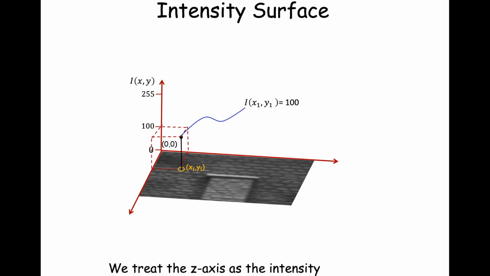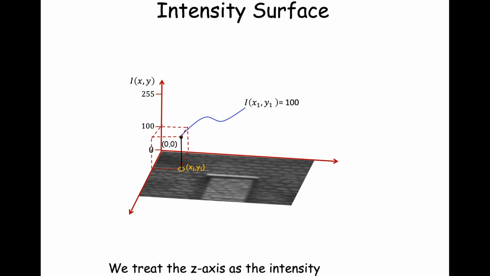And so if we project this intensity of 100 back to the intensity axis, we mark off 100 here. The height of this particular pixel location is represented as a height here. And so here we draw this black line segment, and the height of it is 100 because the intensity at that location in the image coordinates x1, y1 is 100.